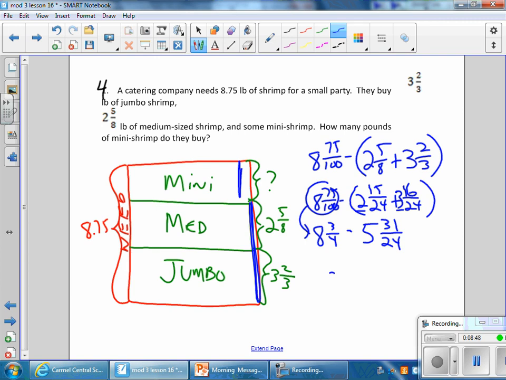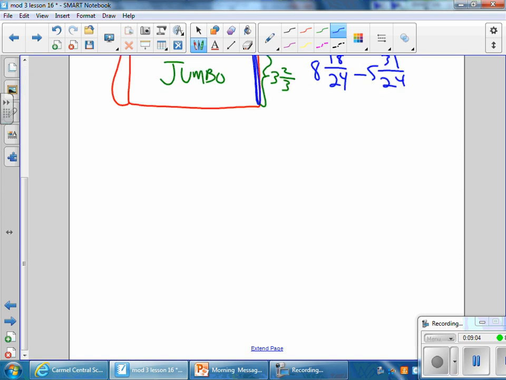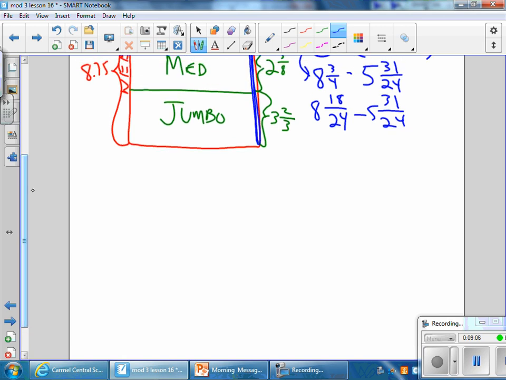Now, I need a common denominator of 24. I could turn this improper fraction into 24/24 and 7/24, which would give me 6 7/24.